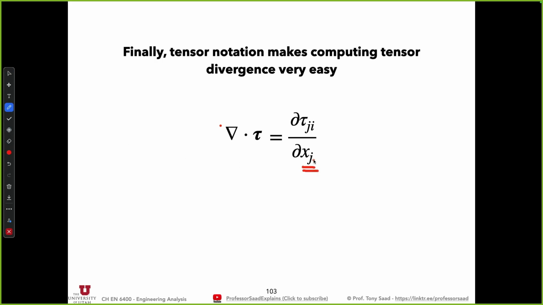This J corresponds to the direction index, to the first index in our convention. If people are flipping the meaning, if they're using tau ij, J means component and I means direction, then this should be d tau ij by dxi.